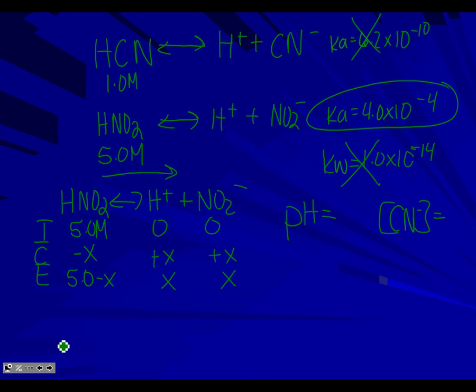Now, once again, this is going to be a small K problem because, even though it's the biggest of the Kas that we have here, it still qualifies as a small K problem. So we've got our ICE chart. I'm actually going to flip over to a new slide so I have a little bit more space to work.